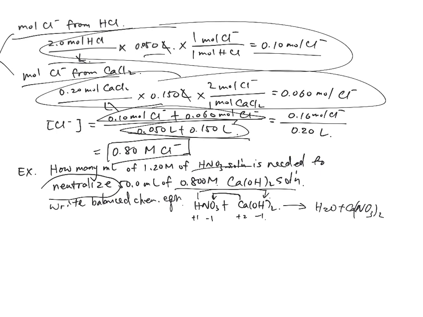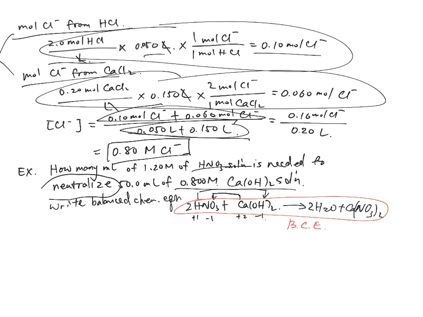So that means I need to have two nitric acid molecules, and each of those is going to give me 2 H plus, and I already have 2 OH negative. H plus OH negative give me water, and I have 2 sets of those, so 2 water. And there you have your balanced chemical equation.